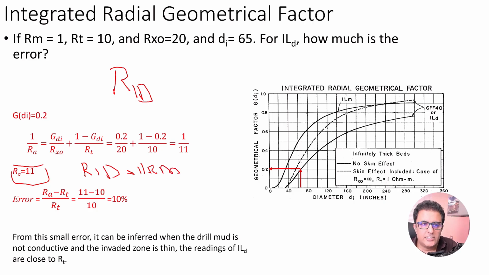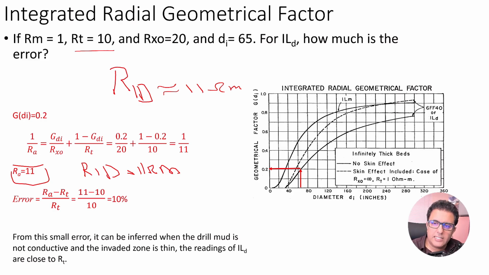So it is very interesting. As you see here, the actual resistivity of the formation is 10 ohm meter, but this chart tells us that the RID measurement should be equal to 11 ohm meter. If we calculate the error, assuming the error is (RA minus RT) over RT, the error is just 10%.